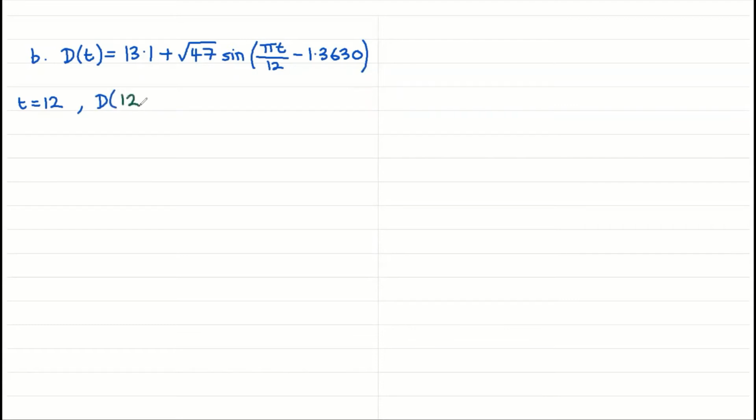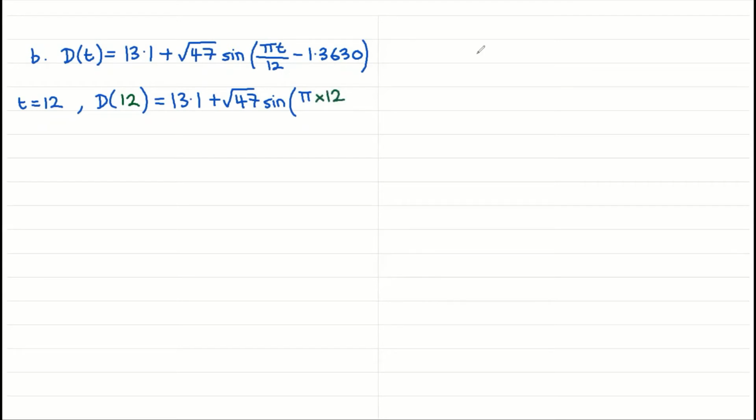So d of 12, and obviously use your calculator for this, 13.1 plus square root of 47 multiplied by the sine, and then if we plug in 12, so it's pi multiplied by 12.